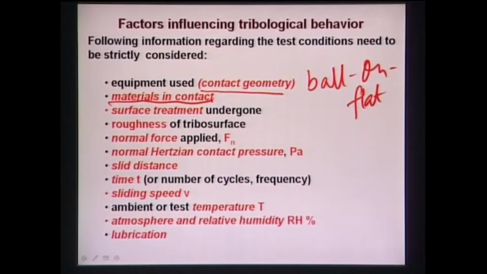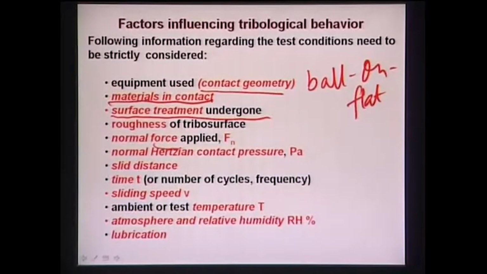If you remember what I showed you some two slides back, any nominally flat surface is always composed of multiple asperities. Asperities are like hills and valleys present in the material surface, and these asperities interact at the loaded tribo contact, and that leads to the friction and wear of the system.